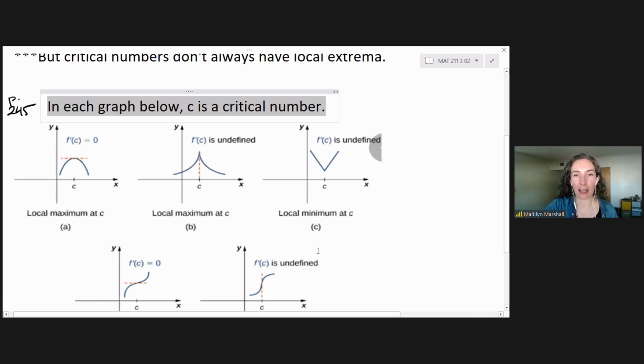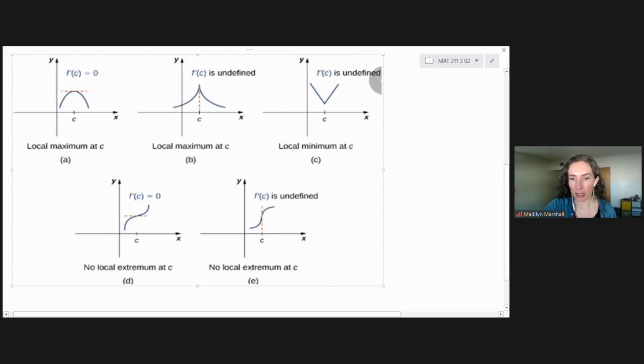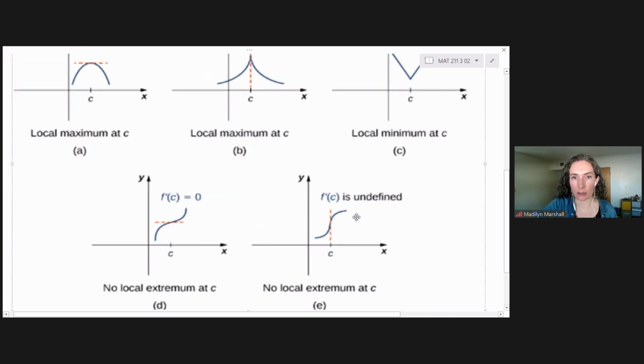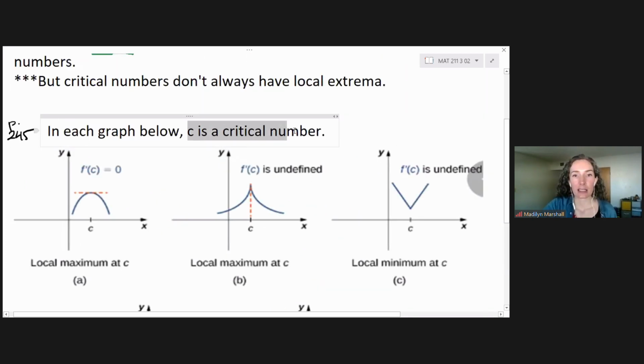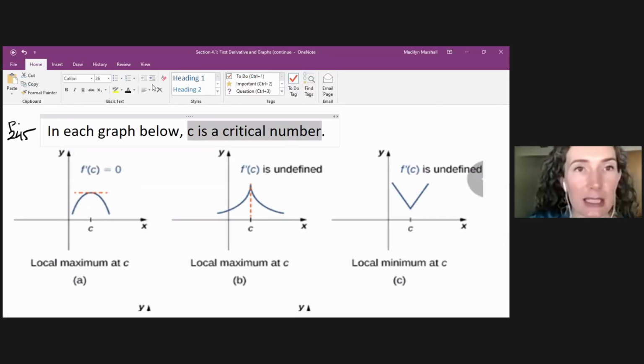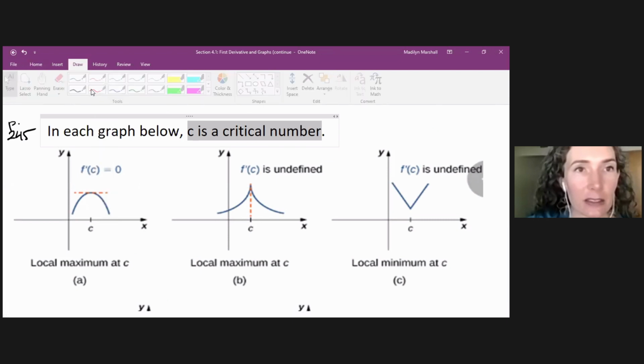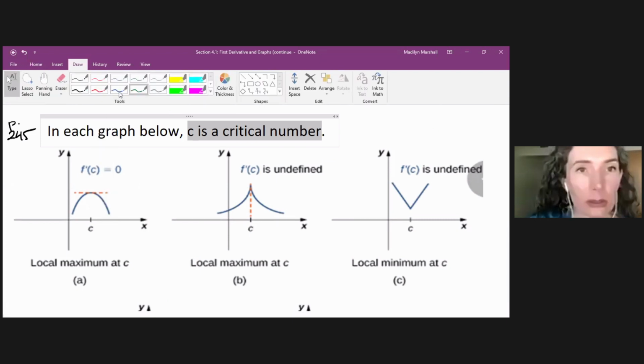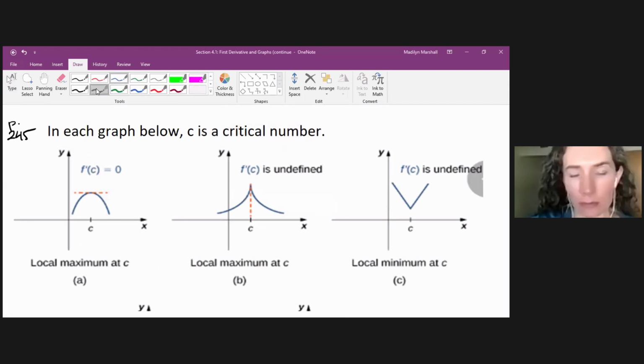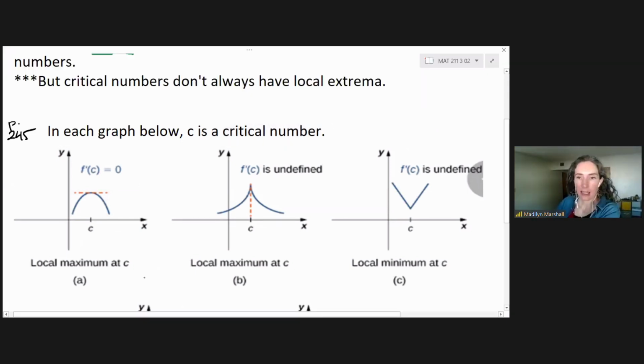So in all 5 of these, and I'm going to make this bigger so we can zoom in a little bit, C is a critical number. C is the number we're focusing on in each of these. So this is C on each of these graphs.